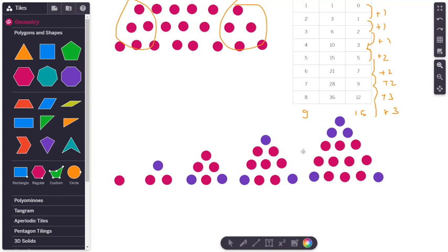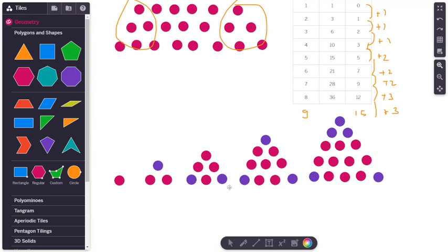What do you mean by added in 3 directions? Look at the first one. There are 0 purple. Then in the next one, a corner of the triangle became purple. In the next diagram, 2 corners of the triangle have become purple.